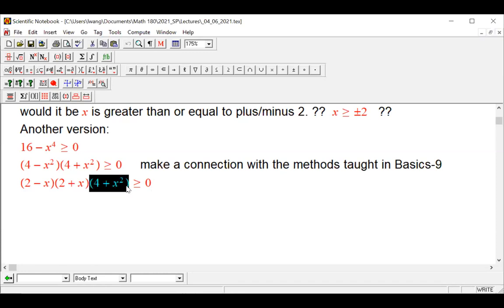So now the interesting part comes. I'm making a claim that this number is always positive for any real number x.